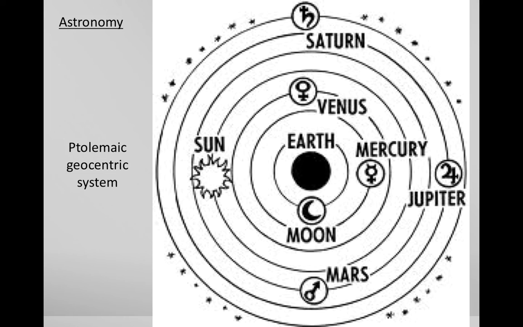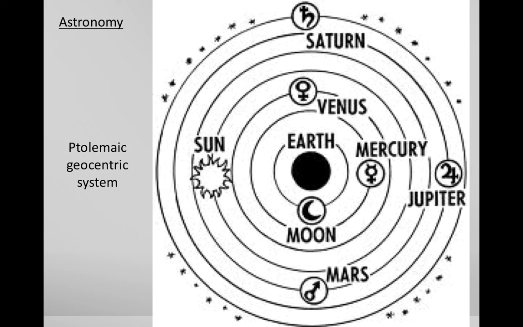So prior to the scientific revolution and some of these new ideas that are going to come about, most people thought that our universe revolved around our planet Earth, and that everything else, the sun and the moon and all of the other planets, rotated around our planet.